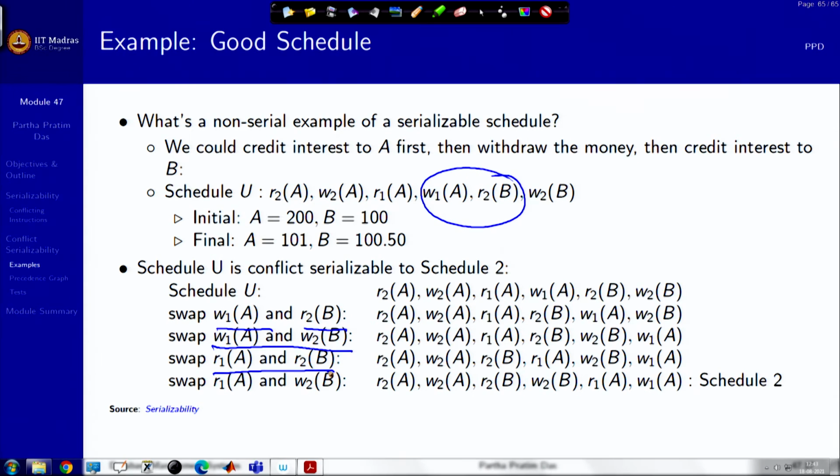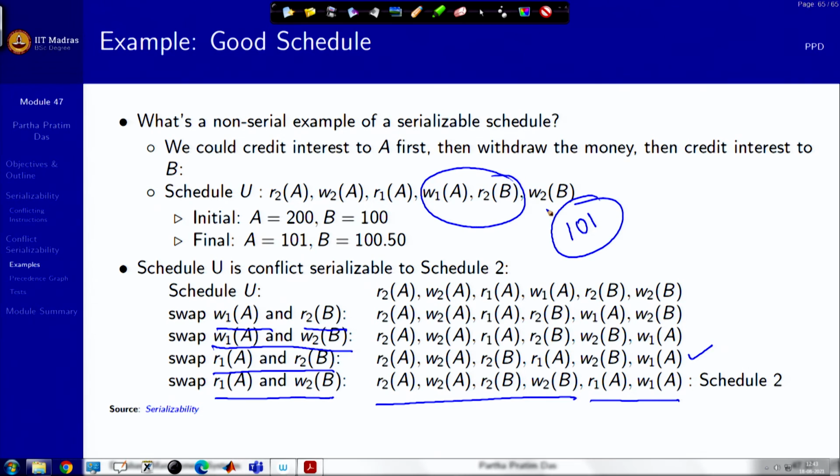Then R1 A and R2 B can be swapped, and every time you are seeing what goes on here. And finally, R1 A and W2 B. If you do that, you get the whole of T2 first and then T1, which gives you 101 rupees in the account of A. So, this is your schedule 2, which is a serial schedule.